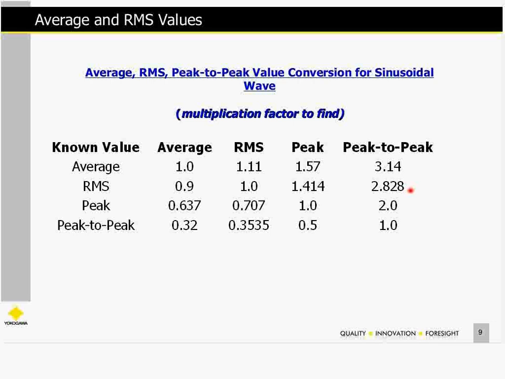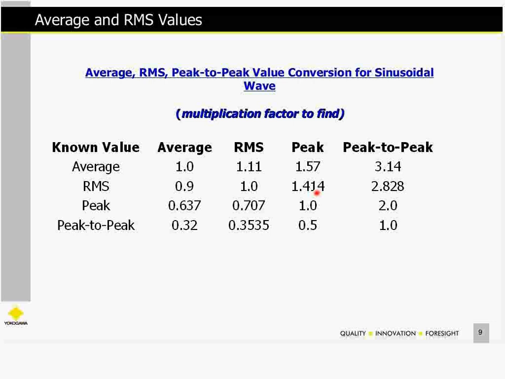Some relationships I'd like to go over with you first, and that's the average and mean, you might call it average or half cycle average or mean value, compared to the RMS and peak-to-peak values on our waveforms. If we know the RMS value, we know the peak is square root of 2, 1.414. So if we look at the waveform, say on our 120 volt AC line, residential line, we read 120 volts RMS.